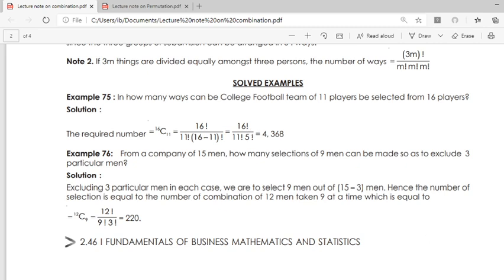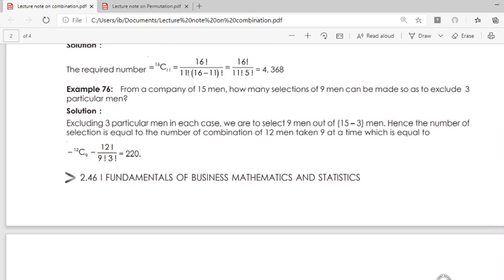Now look at example 76. From a company of 15 men, how many selections of 9 men can be made so as to exclude 3 particular men? You have a company, that's your n, and you want to make a selection of 9. There's a restriction: you want to exclude 3 men.